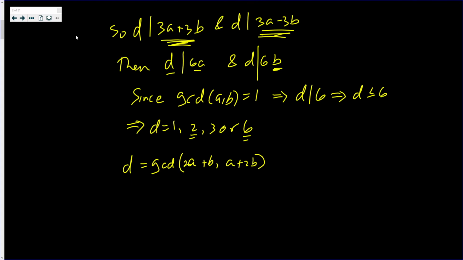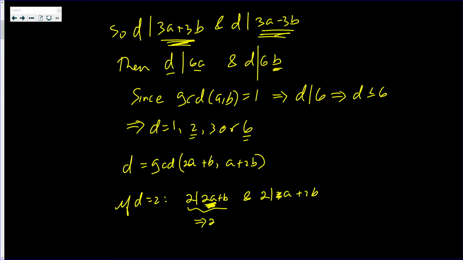If D is equal to 2, D must divide 2a plus b and D must divide a plus 2b. Well, clearly 2 divides 2a.